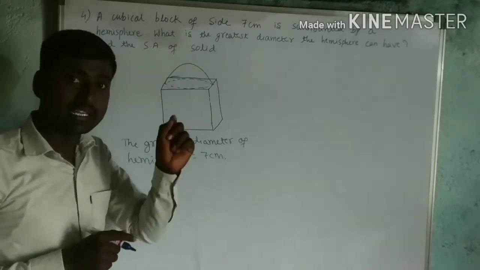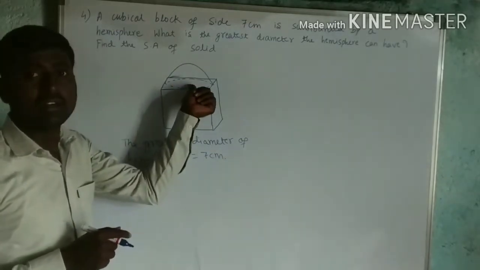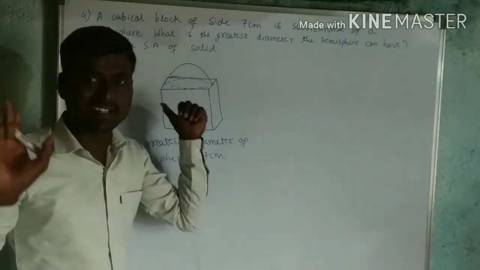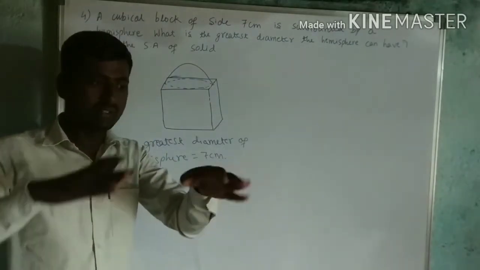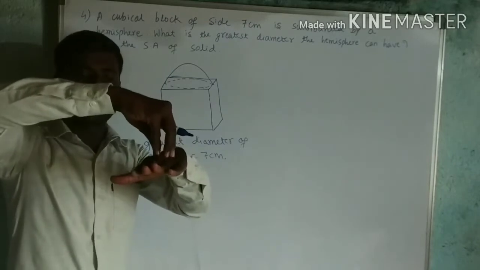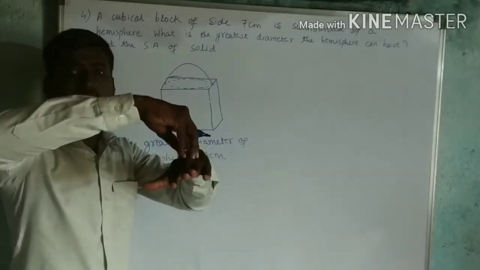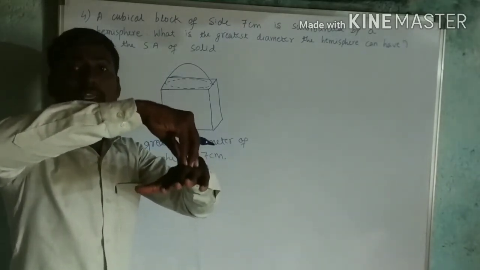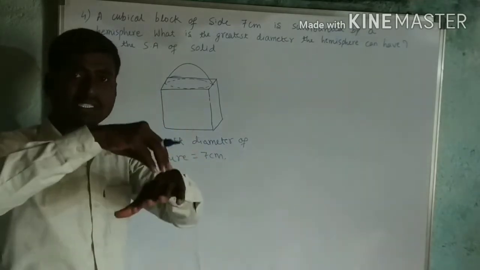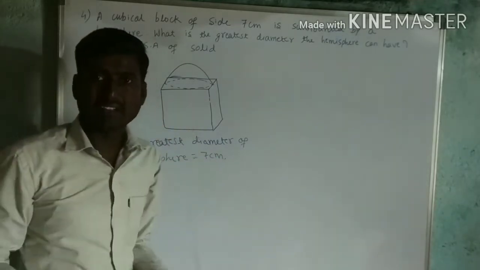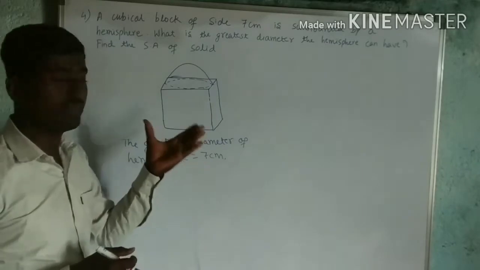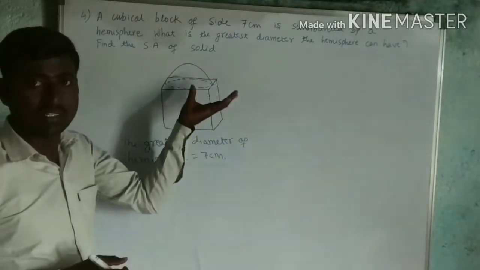That is the area of the circular base of the hemisphere, that we cannot touch. Okay. So on this one we are going to keep the hemisphere. So this area I cannot touch. That is the circular base of the hemisphere. I cannot touch it.